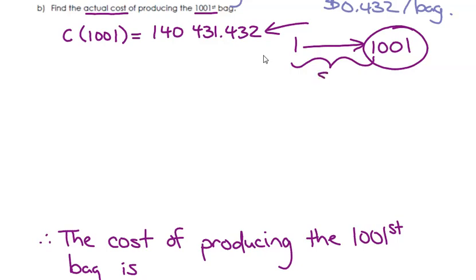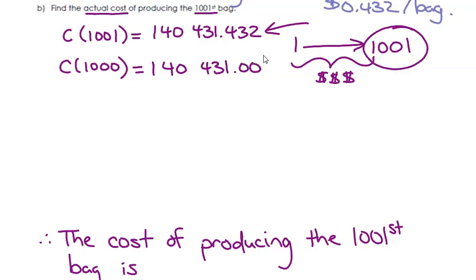It's probably all of these bags together. So what I should do is maybe figure out how much it costs for the rest of the bags up until 1,001, which is $140,431. And I think what I should do is probably subtract them.